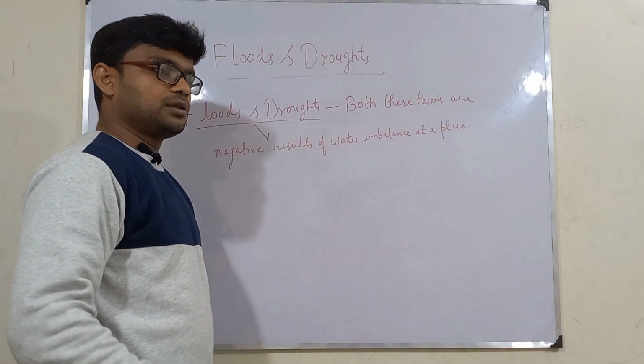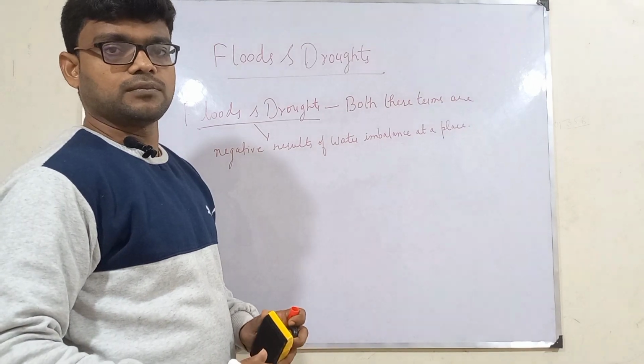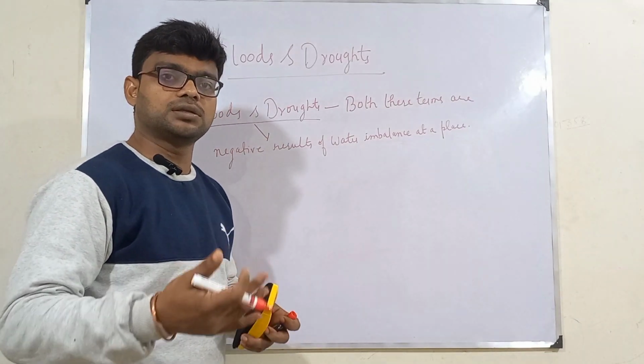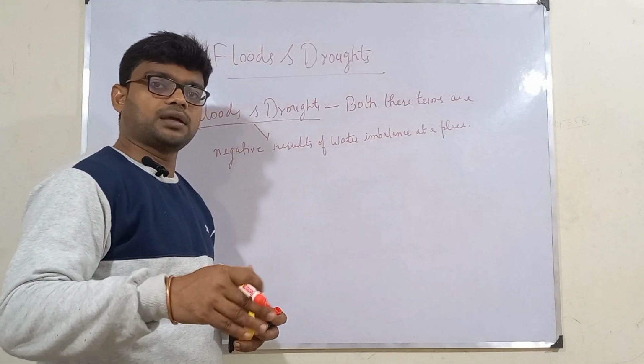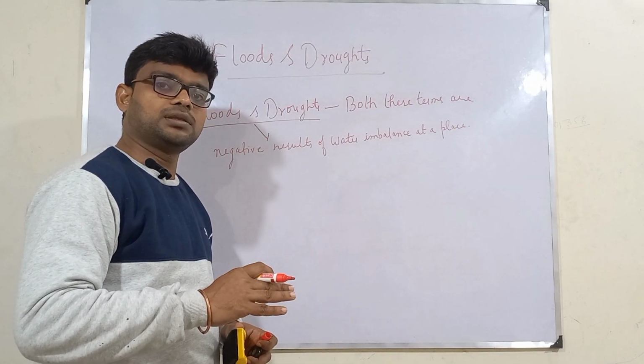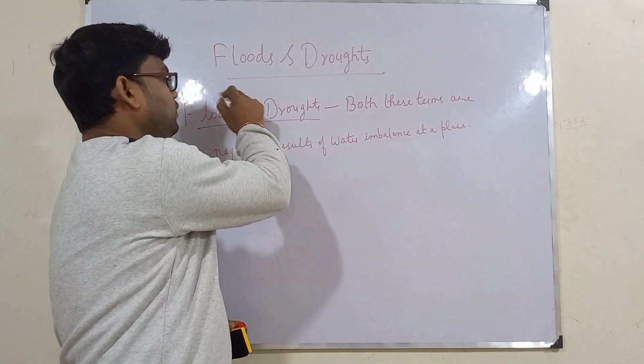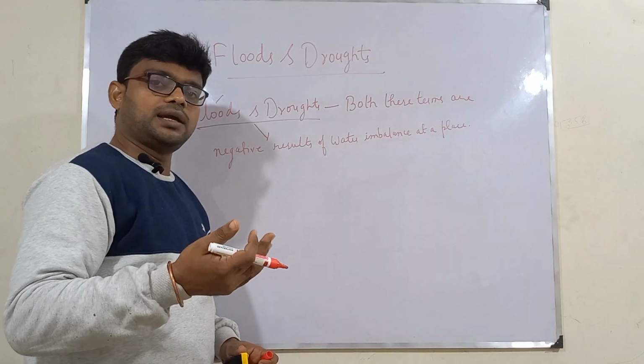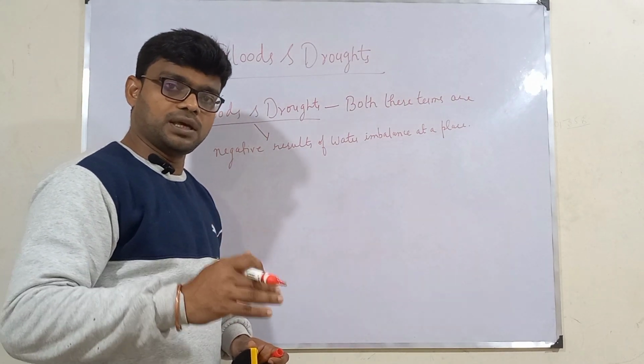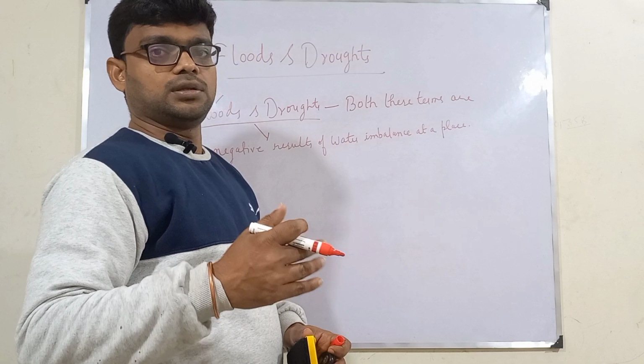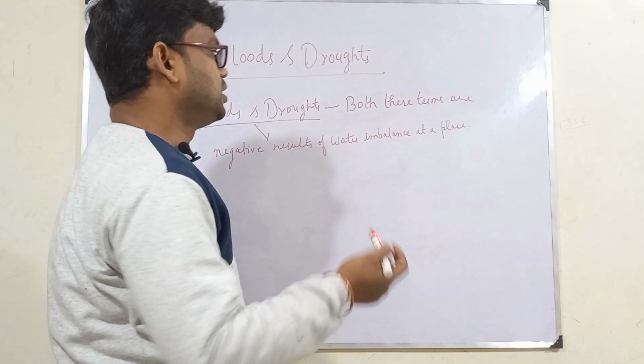Now, actually, what happens when the amount of water at a place exceeds the amount that is required at a place, then that is referred to as floods. On the other side, when the amount of water at a place is much below than the required amount, then it leads to drought.